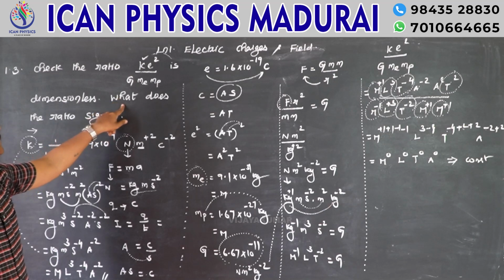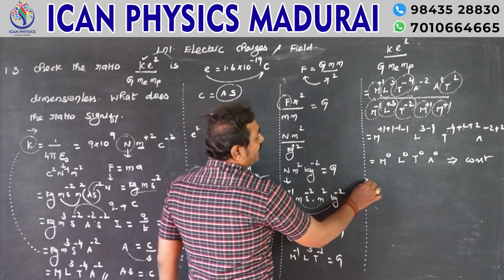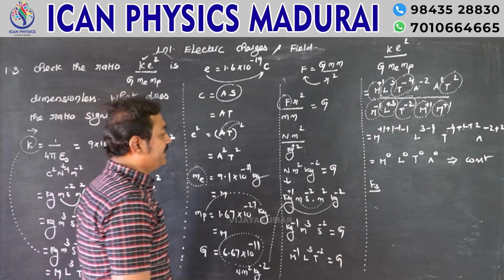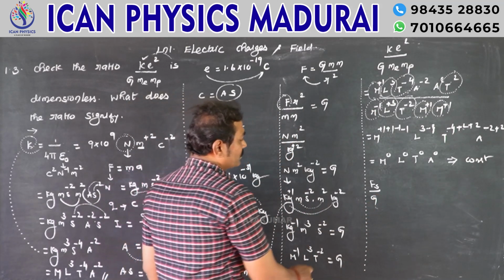Next one, what does the ratio signify? Okay, so when we are going for electrostatic force divided by gravitational force.